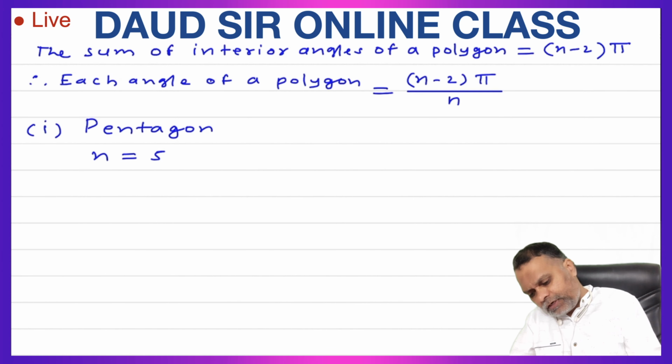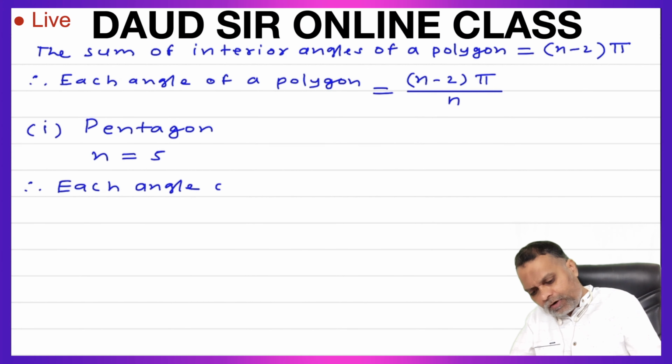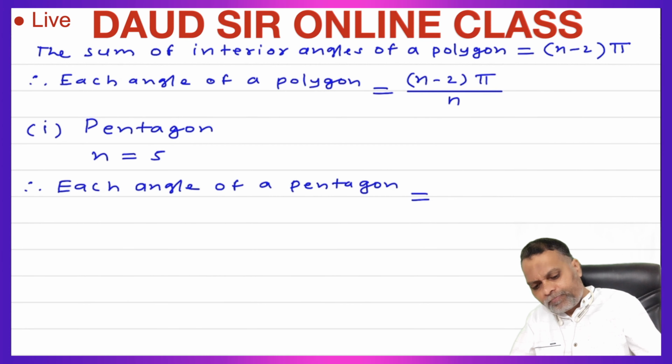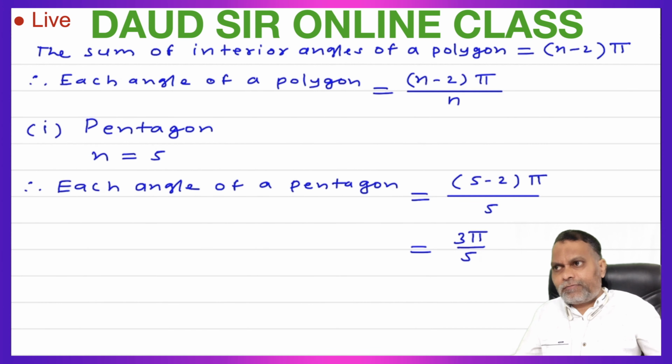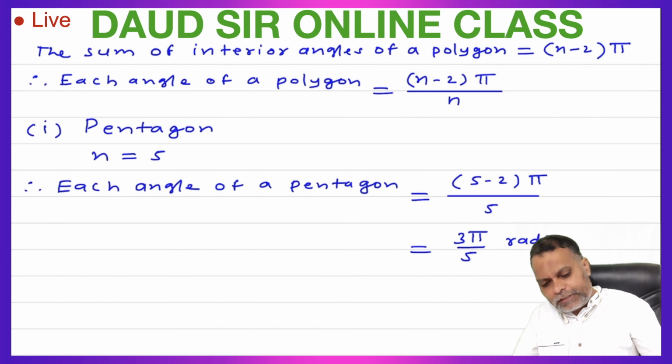So therefore each angle of a pentagon is equal to (5 minus 2) into pi upon 5, which is equal to 3 pi by 5, this much radians. This is radians.